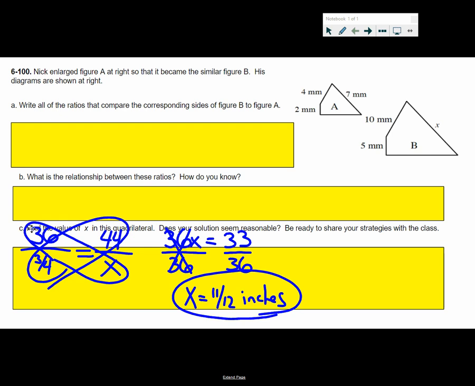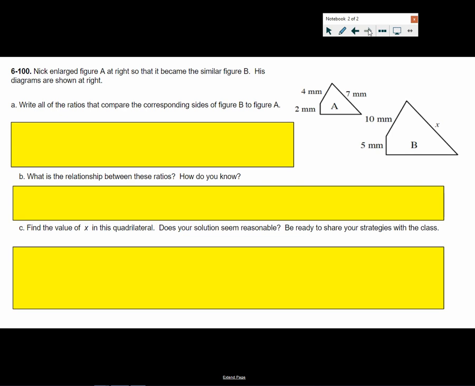So the next problem says, make and enlarge figure A so that it becomes the similar figure B. His diagrams are shown at right. Write all the ratios that compare the corresponding sides of B to A. So x is compared to 7, so I do x over 7. 5 is compared to 2, so I would do 5 over 2.